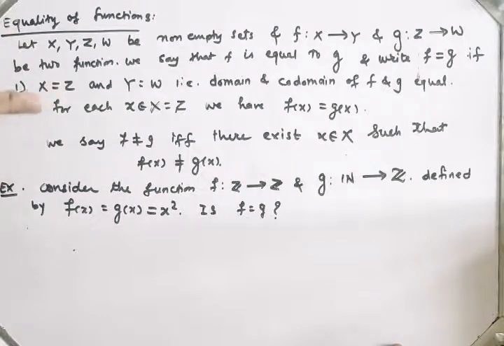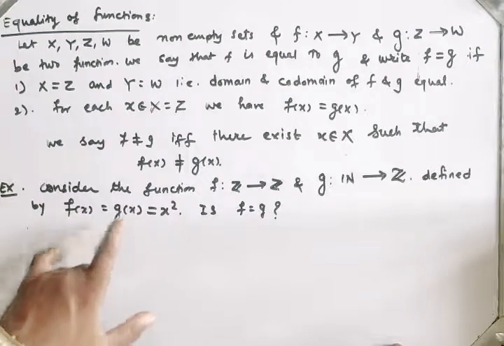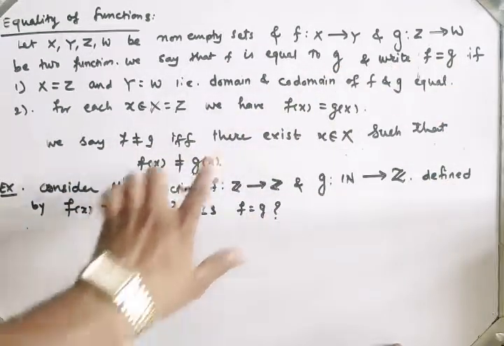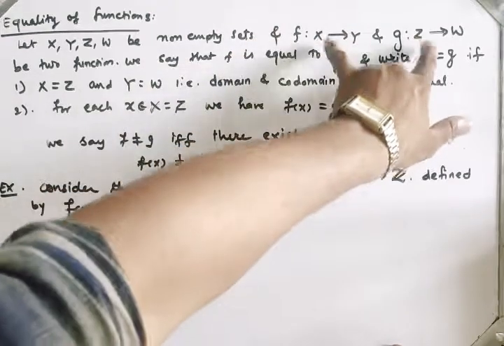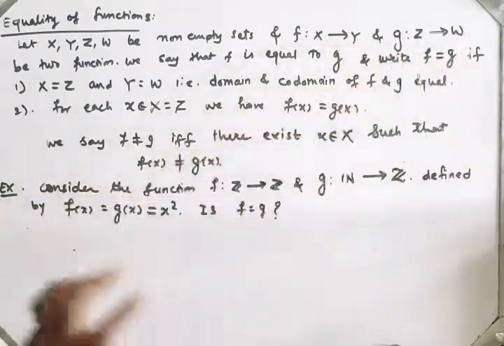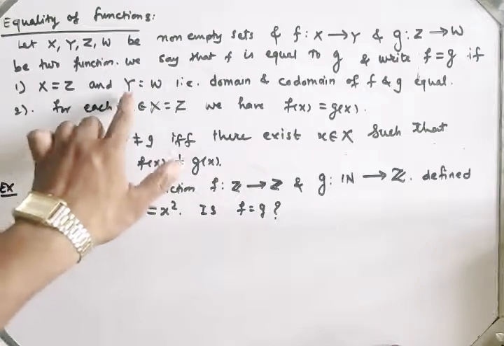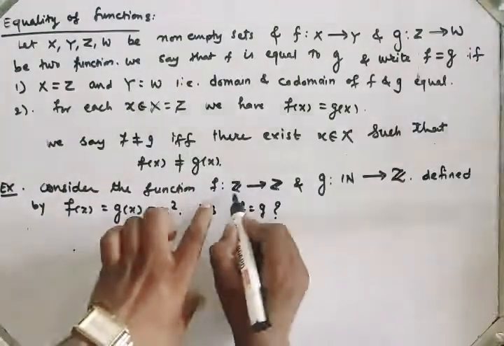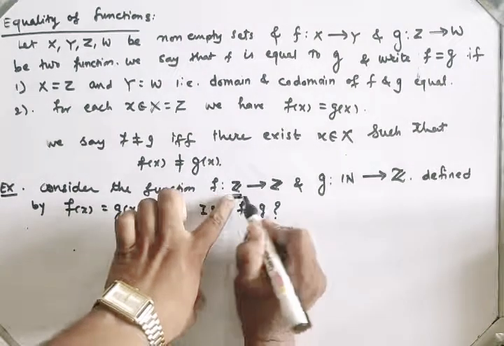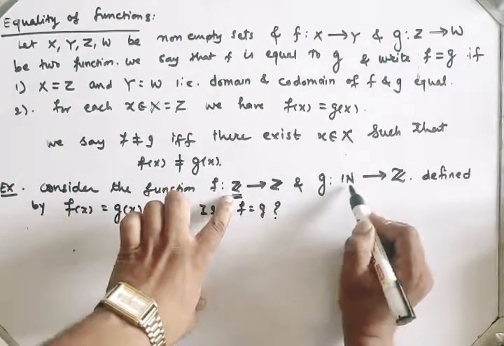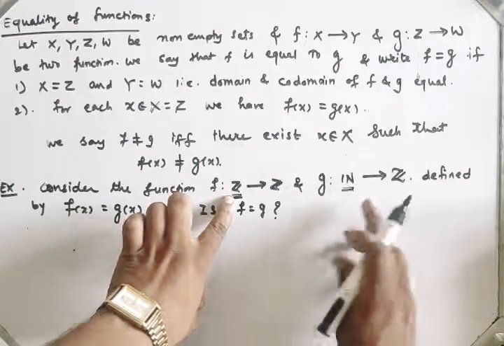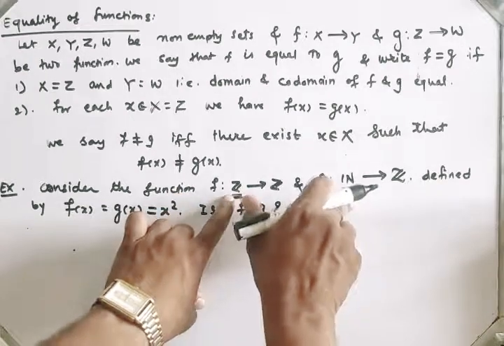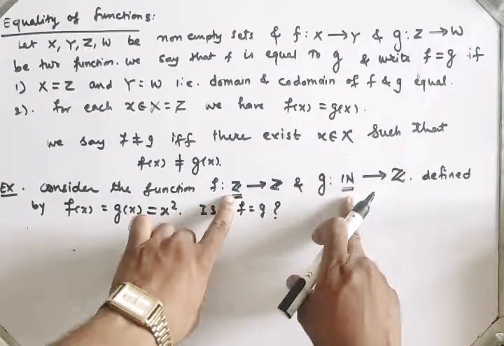When we say that the given two functions f and g are equal, the domains of the functions should be equal and the codomains should be equal, meaning X is equal to Z and Y is equal to W. But here we see what is the domain of function f: Z, the set of integers, and what is the domain of g: natural numbers. Here the domains of the two given functions are not the same, meaning the domains are different.